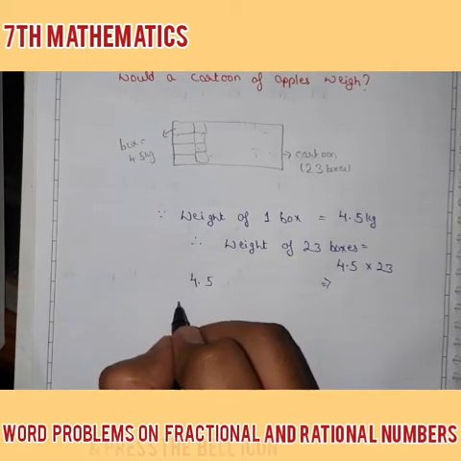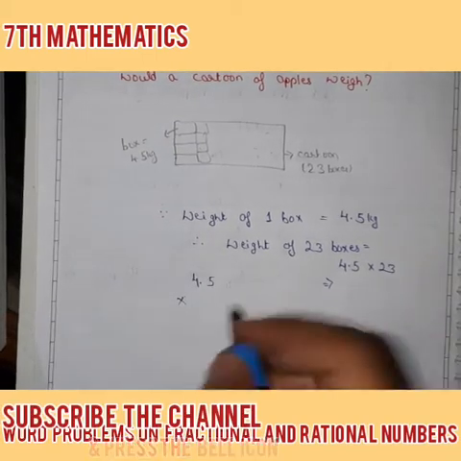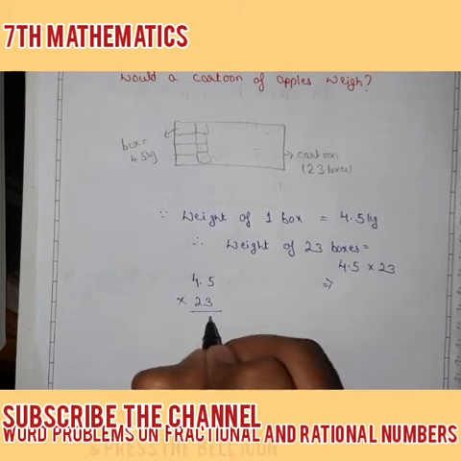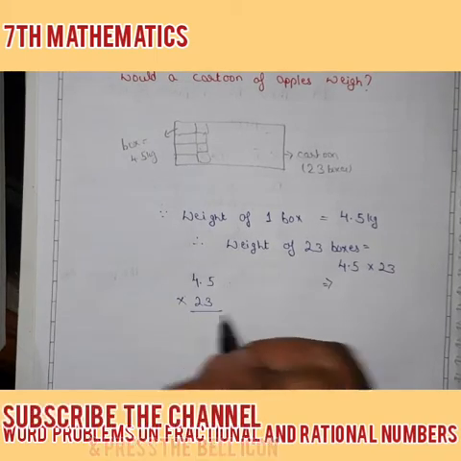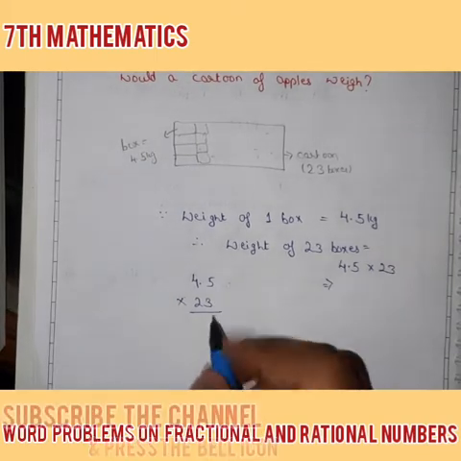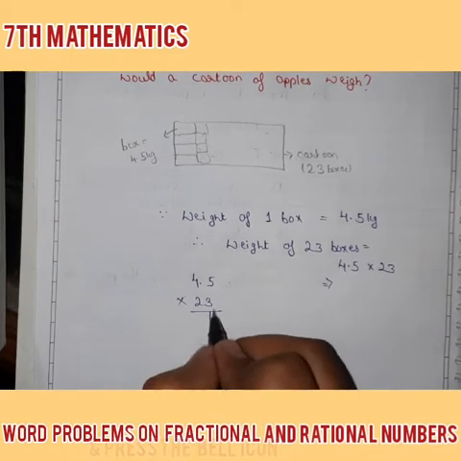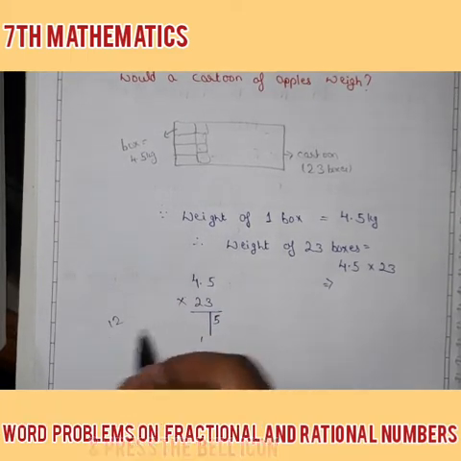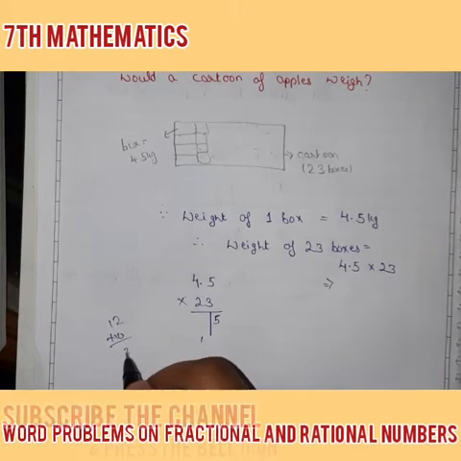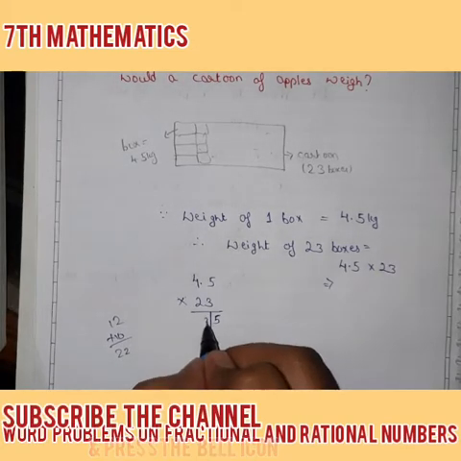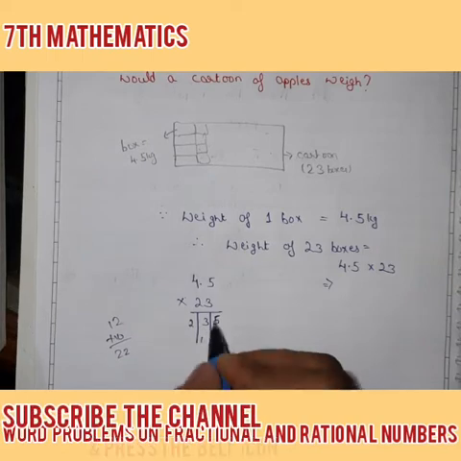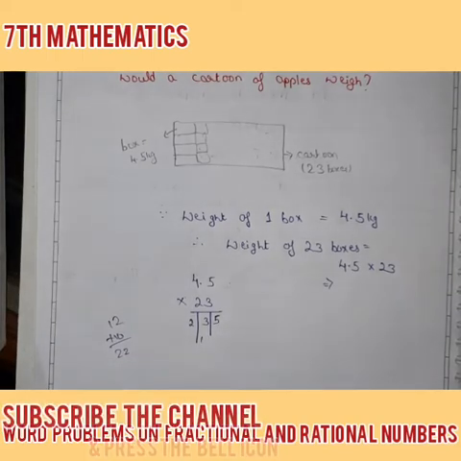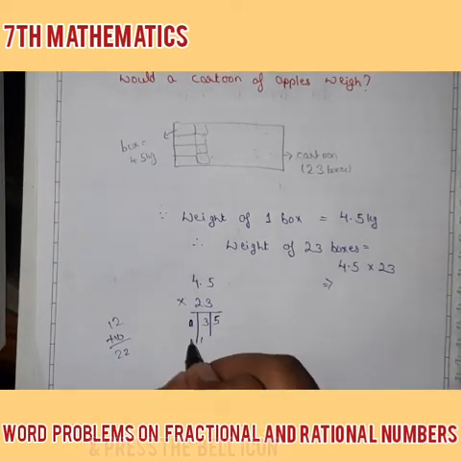Let's solve it by the Vedic maths method. 5 into 3 is what? 15. 4 into 3, 12. 5 into 2, 10. 22 plus 1, 23. Sorry, this 2 will come here.